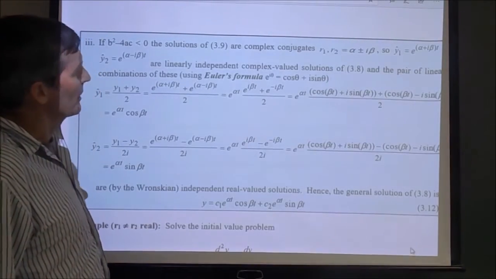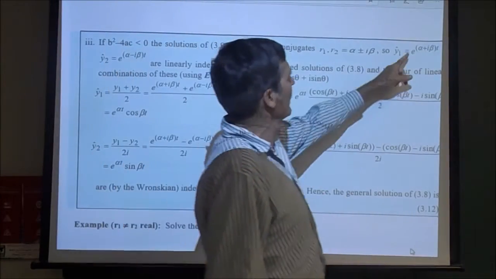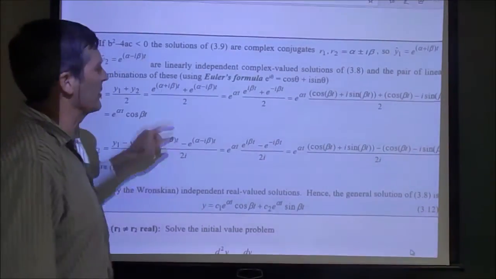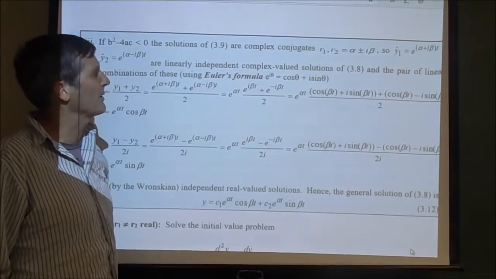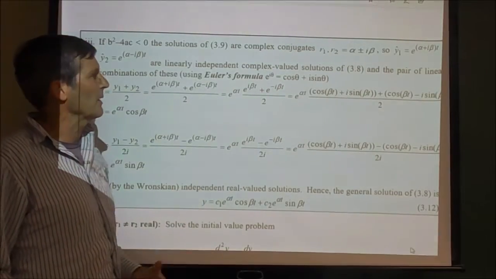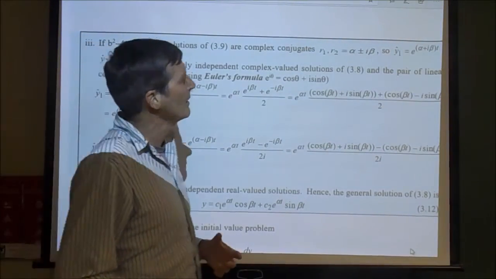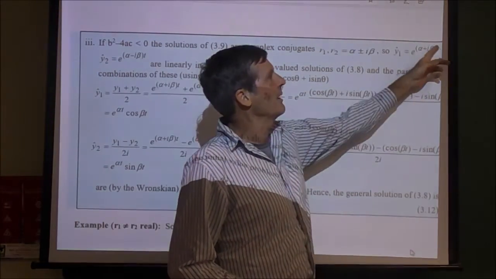And now what do we do? Well, we just proved that e to the R1 times t and e to the R2 times t are solutions, so how can that be? They're imaginary. Well, they're solutions if you allow imaginary functions.